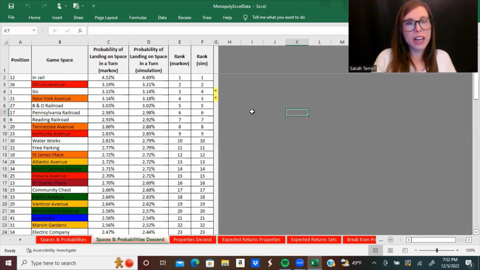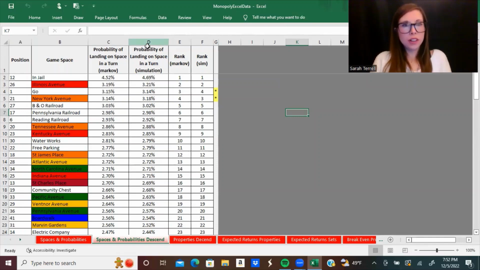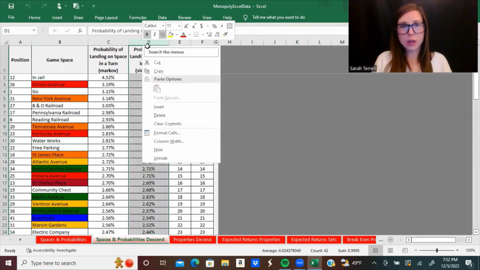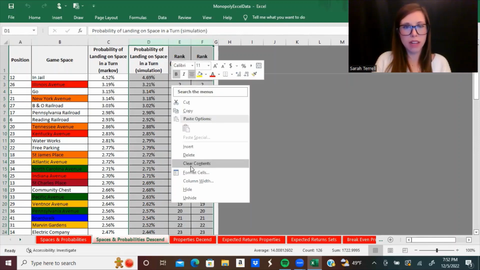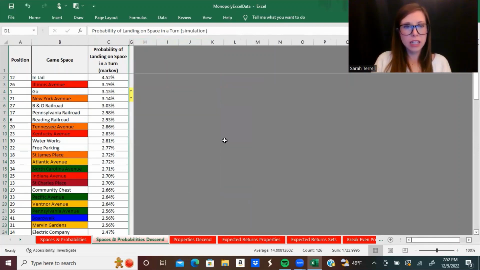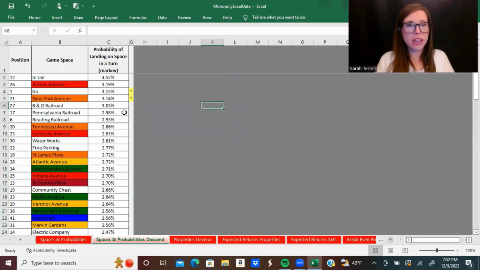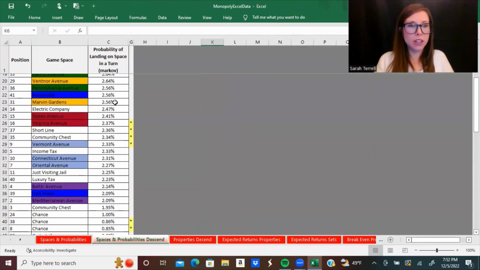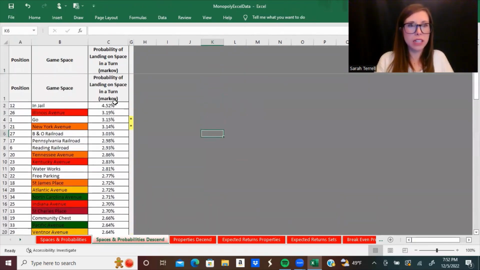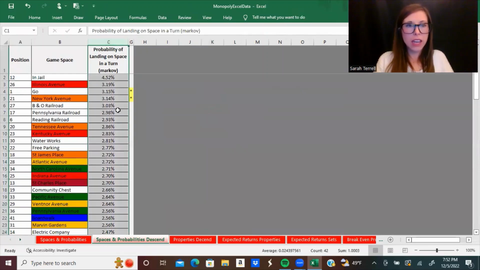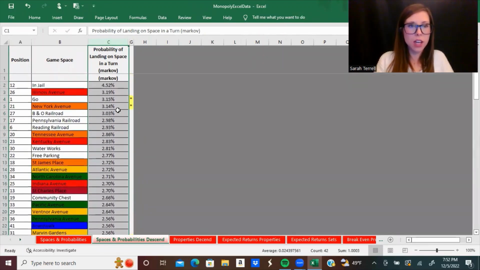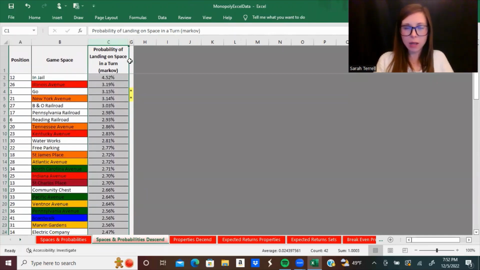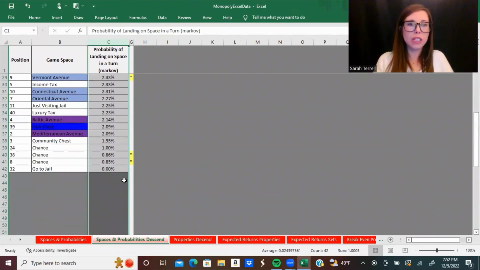Okay, so here we have a couple of things going on. I'm going to go ahead and hide some of these columns, and we'll talk about that in a few minutes. So these have been resorted to show the probabilities here in column C in descending order, from largest to smallest, most likely to be landed upon within the game to least likely.